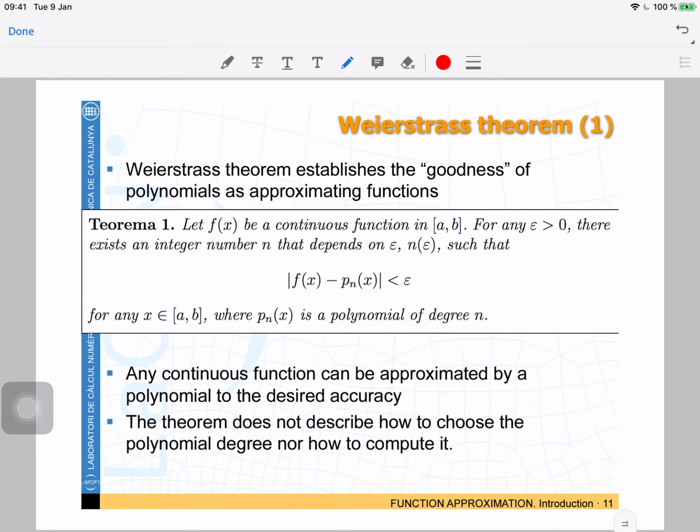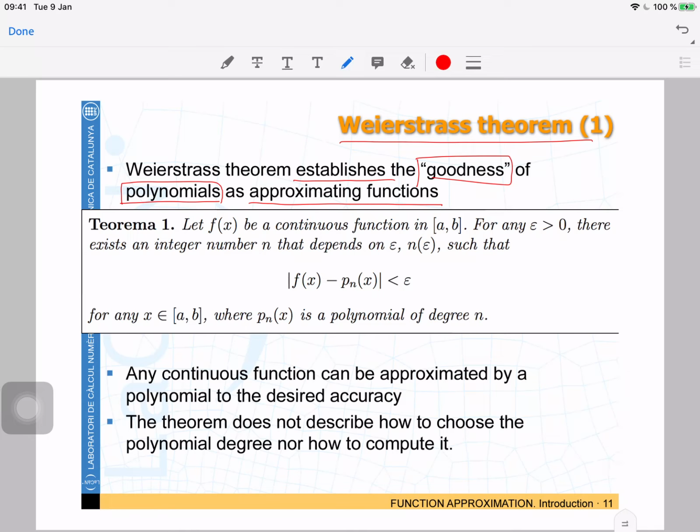In this slide, I would like to introduce the Weierstrass theorem. This theorem establishes the goodness of polynomials as approximating functions. You remember that we discussed polynomials as one of the most used types of approximating functions.